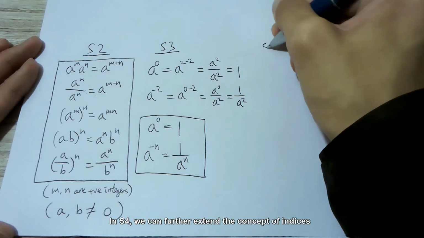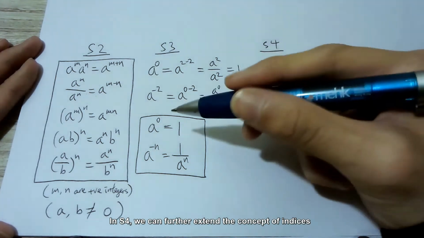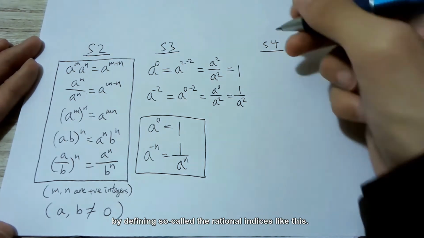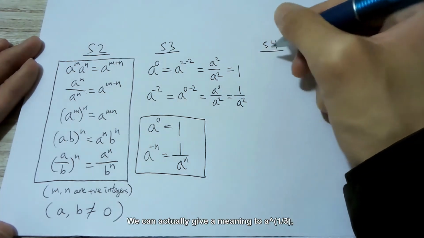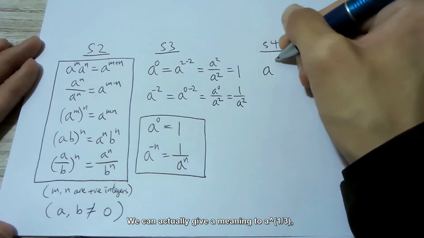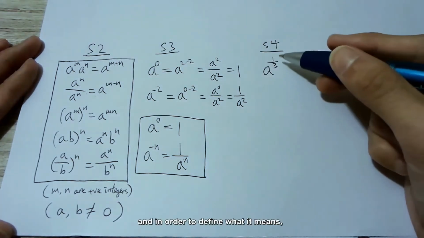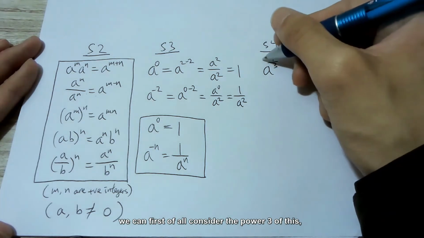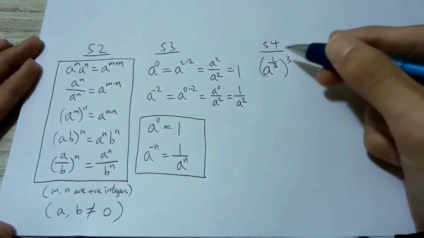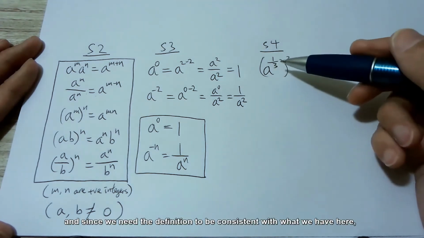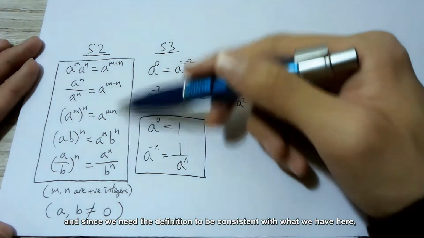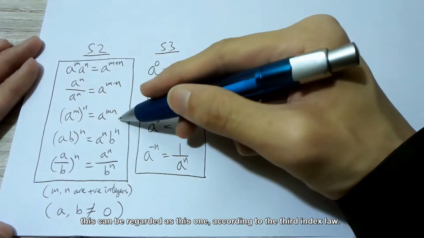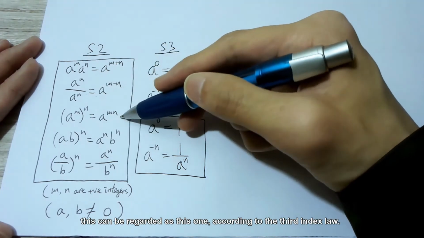In S4, we can further extend the concept of indices by defining so-called rational indices like this. We can actually give a meaning to a to the power 1 over 3. In order to define what it means, we can first of all consider the power 3 of this. Since we need the definition to be consistent with what we have here, this can be regarded as this one according to the third index law.